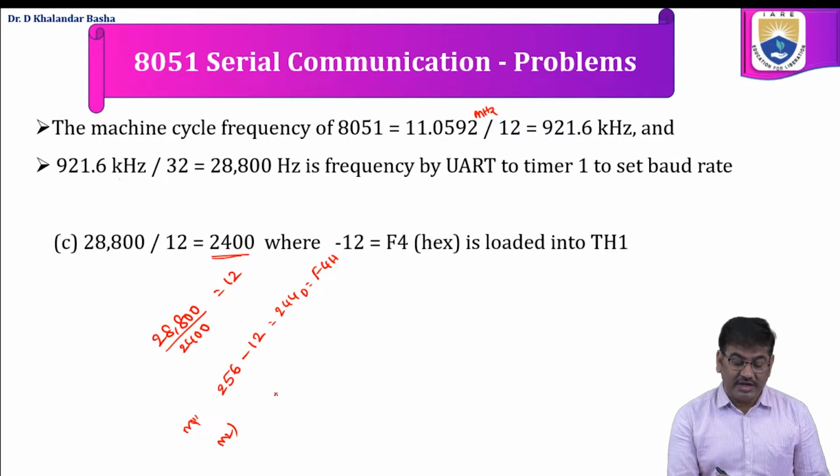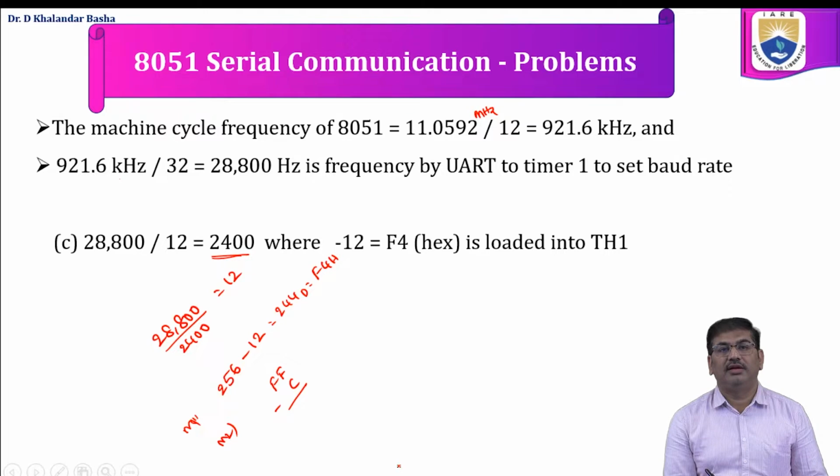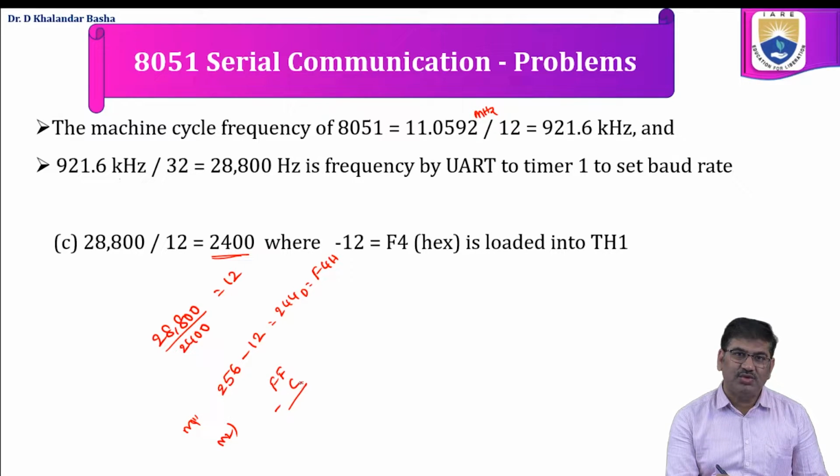In method 2, you can take the maximum count we can have, which is FF, minus 12, the required number of clock pulses. F minus 2: F is 15, 15 minus 2 is 13. So 13 is equivalent to F3. 12 is in decimal; in hexadecimal it is equivalent to C. F minus C: F is 15, C is 12, so 15 minus 12 gives us 3.